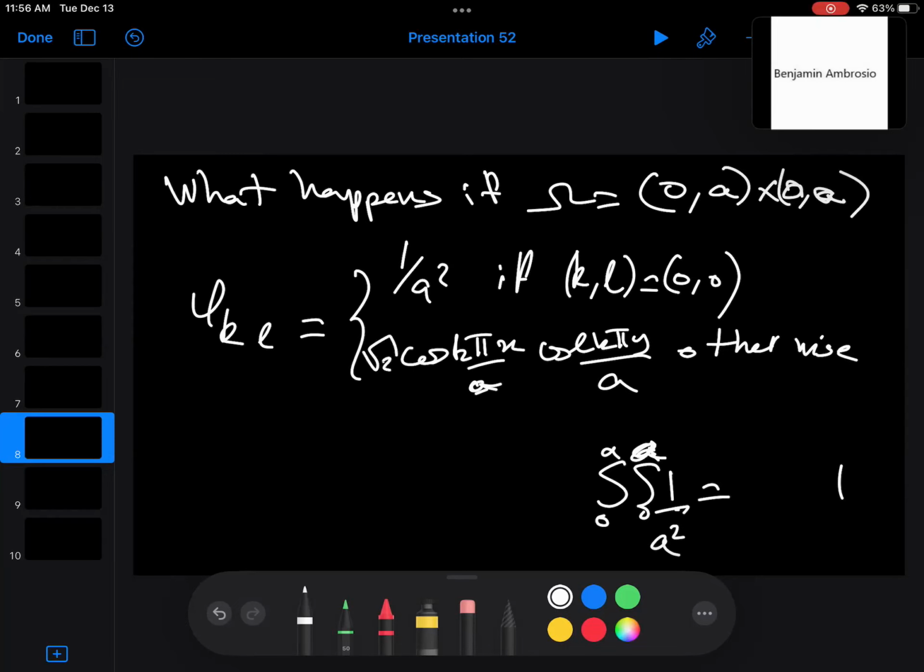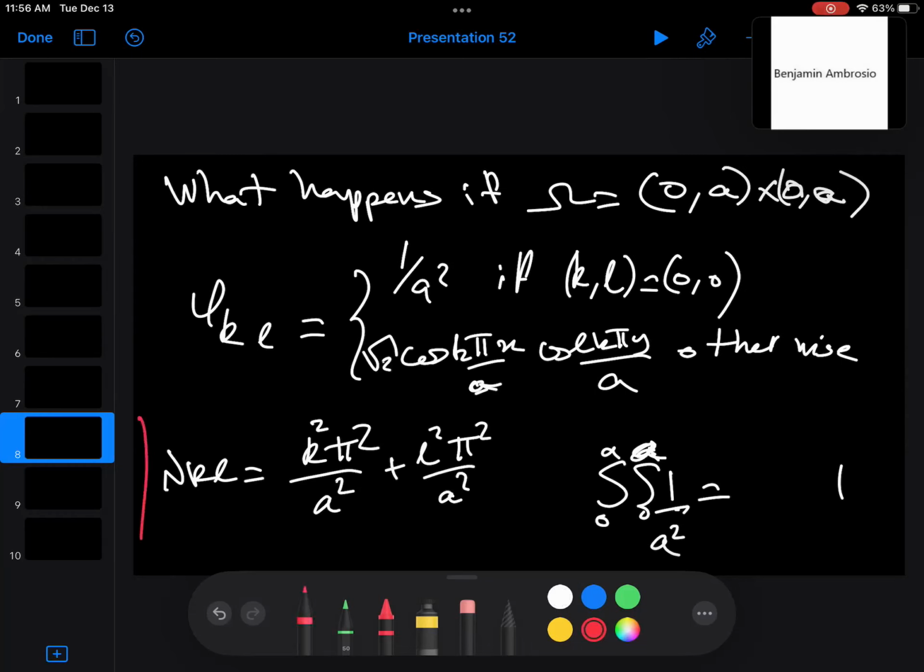Okay, but now what are the eigenvalues? So lambda_kL, if kL is not 0,0, will be k squared π squared divided by A squared plus L squared π squared divided by A squared.